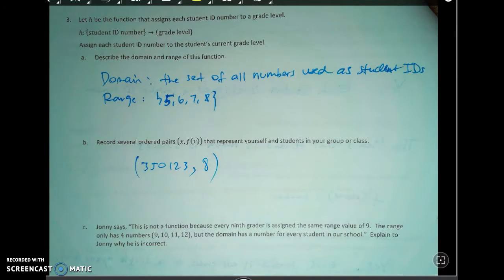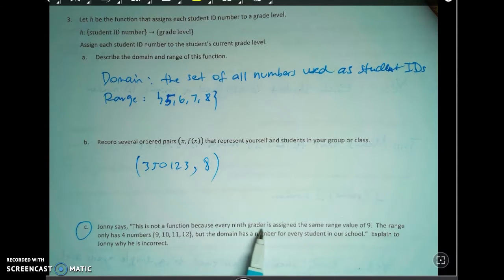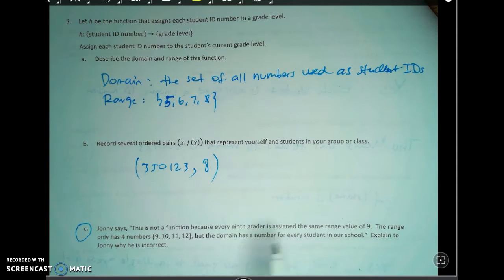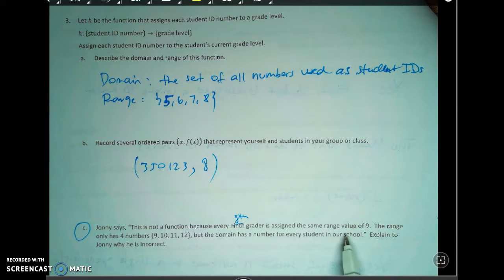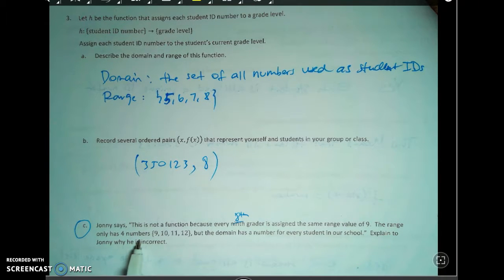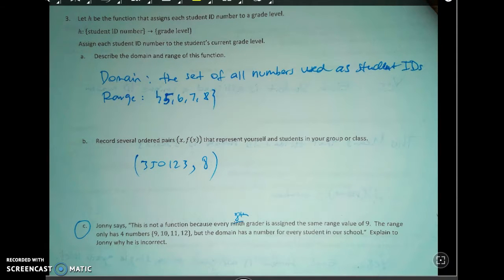So this part C is important because Johnny says this is not a function because every 8th grader is assigned the same range value of 8. The range only has 4 numbers, but the domain has a number for every student in our school. Explain why Johnny is incorrect.